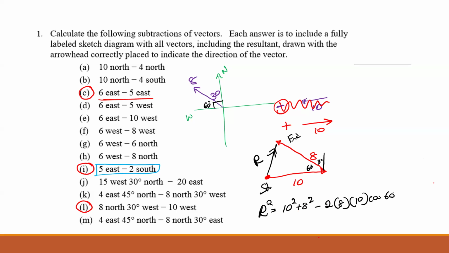So when you do that, 10 squared plus 8 squared minus 2 times 8 times 10 times cos 60, I get 84. And when you take the square root of this, I get 9.16, maybe 9.17.